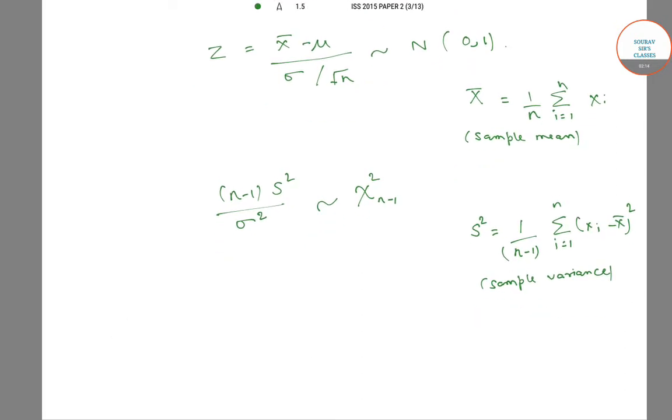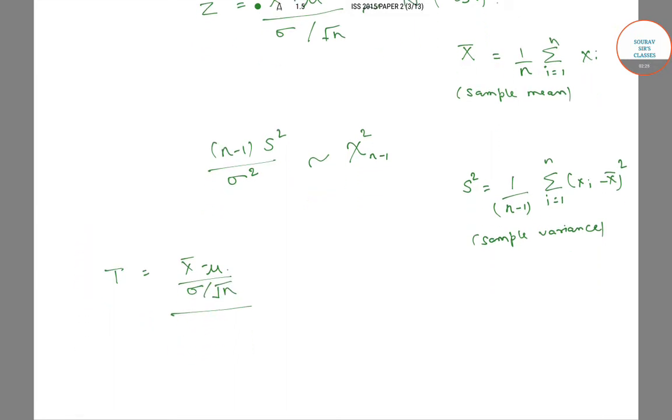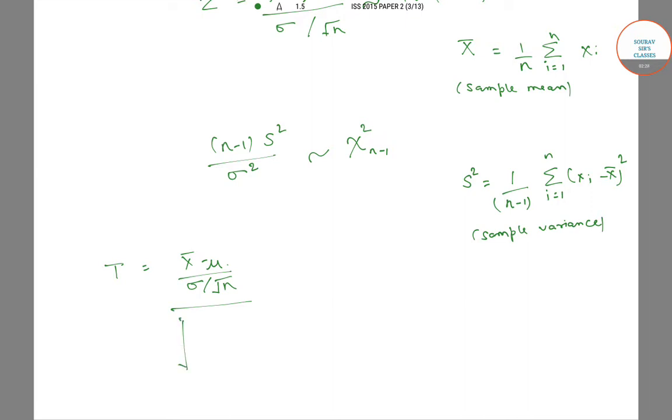Now we will get our t is equal to x bar minus mu divided by sigma by root n, divided by root over n minus 1 s square divided by sigma square, divided by the degrees of freedom, which is equal to n minus 1. So this is the degrees of freedom. Here n minus 1 will cancel out each other.